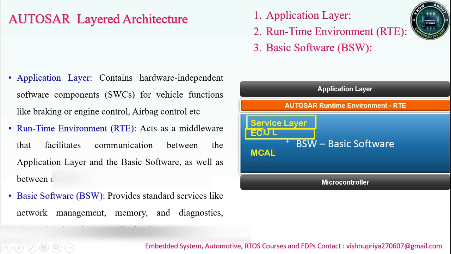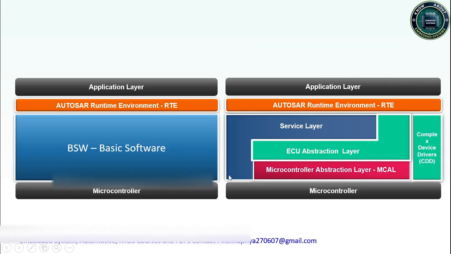ECUL stands for ECU abstraction layer, and then we have MCAL layer. So this BSW or base software is divided into three layers like this. One will be service layer, ECU abstraction layer, then MCAL layer, microcontroller abstraction layer. So one by one we will see.